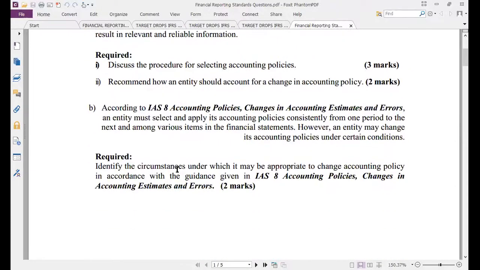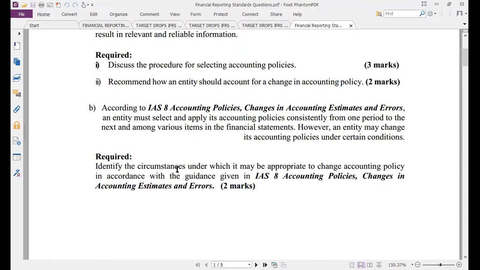The B part is also interesting. 2 marks. According to IAS 8, accounting policies, let me make this very clear for you, both student and examiner: if you quote any standard, you have to tell us the name of that standard.